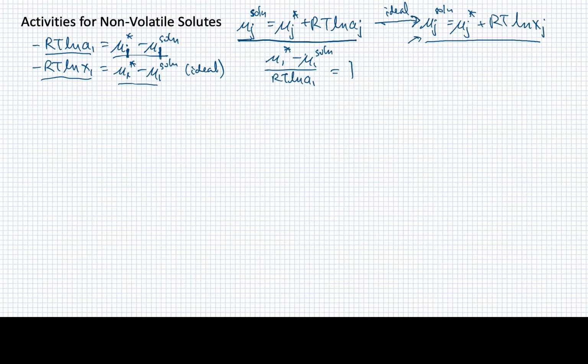That's the actual and accurate answer. If I do the same for the second equation, mu1 star minus mu1 of solution divided by RT log of the mole fraction, I'm not going to get 1, because these are not actually equal to each other. So I'll assign this to be some number which I'll call phi.